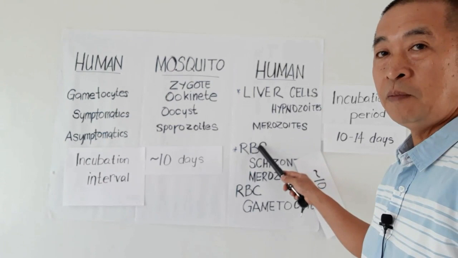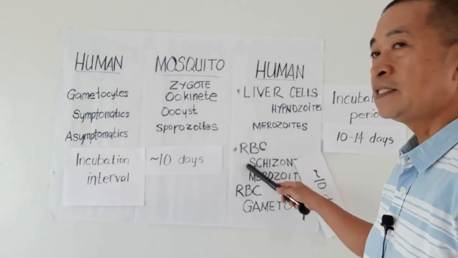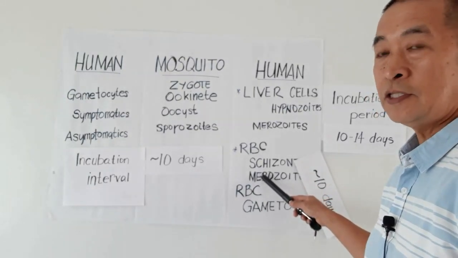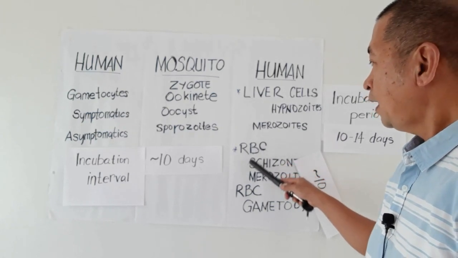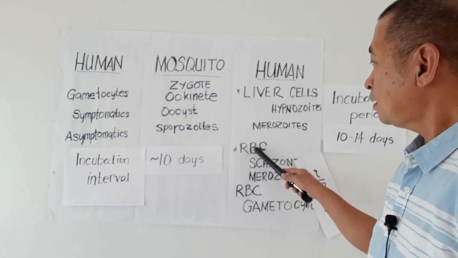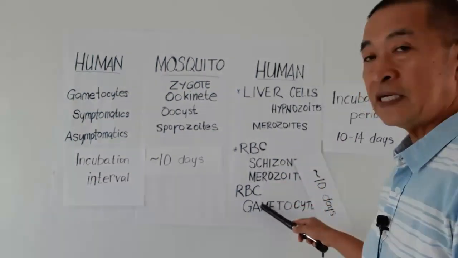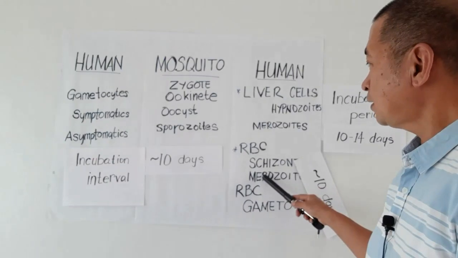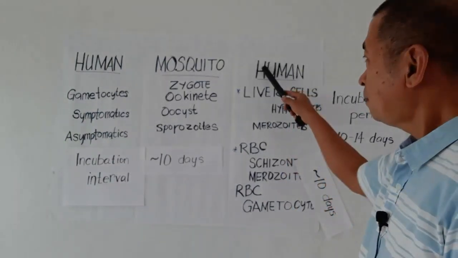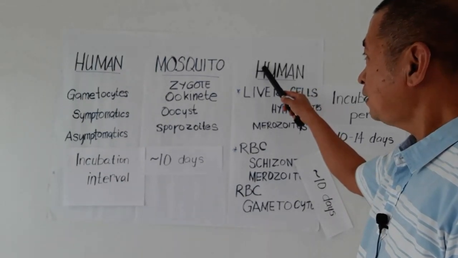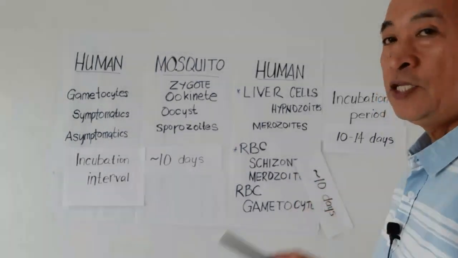Merozoites invade red blood cells and develop inside, releasing more merozoites, and this invasion and reinvasion goes on. After a few erythrocytic cycles, some of the merozoites develop into gametocytes instead of merozoites that will reinvade another red blood cell. From the infective bite of the mosquito to the development of symptoms is called the incubation period.